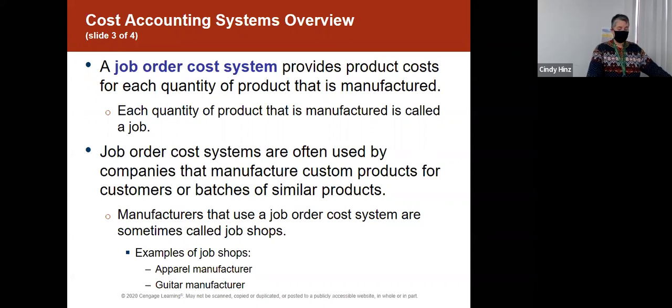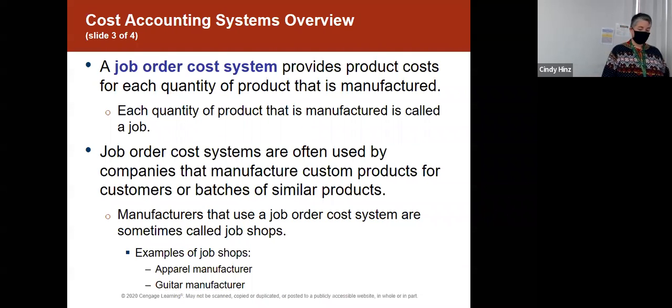As I already mentioned, in the next two chapters we're going to be looking at two very different ways of looking at product costs. The first is job order and the second is process costing. To use a job order cost system, there has to be a clearly defined beginning and end to that manufacturing process.